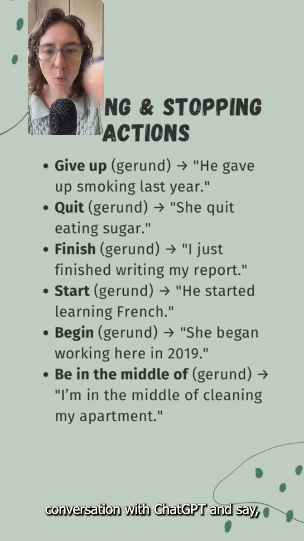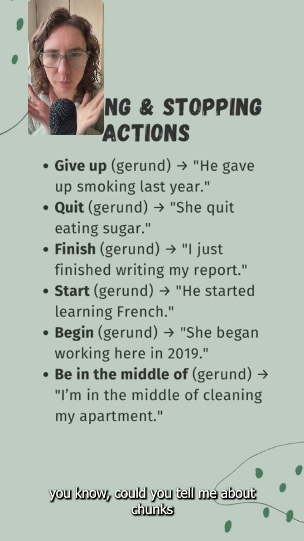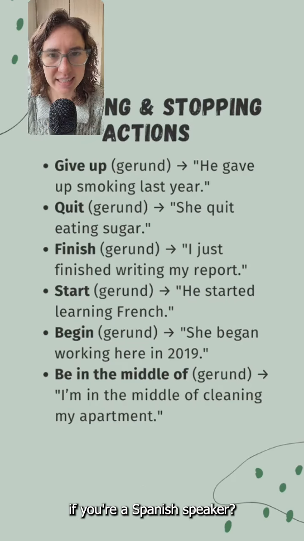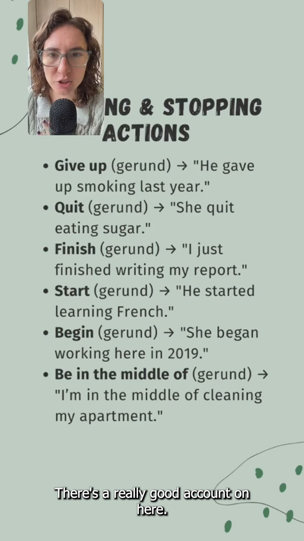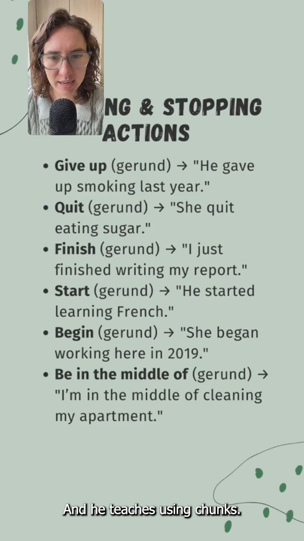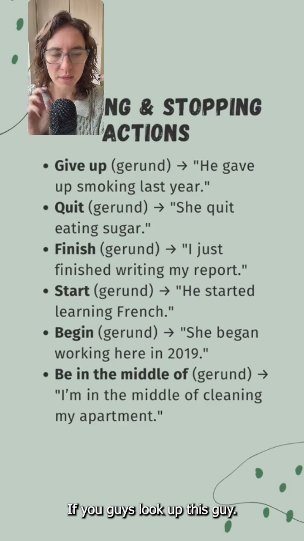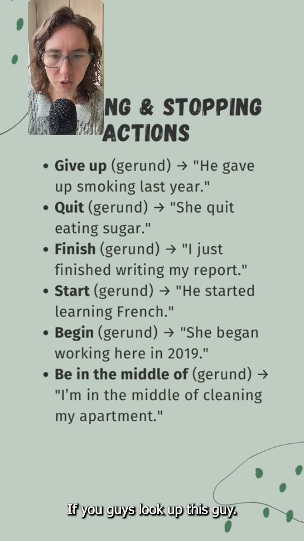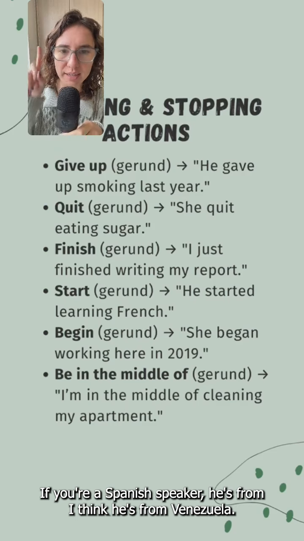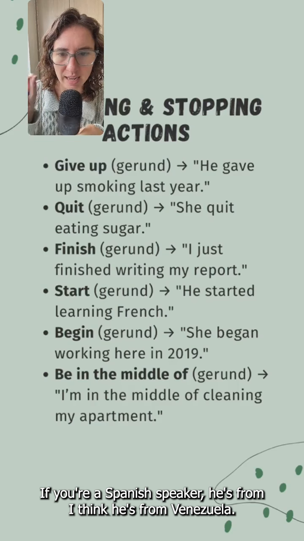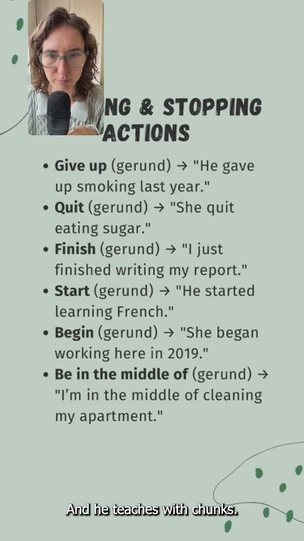So, one context where we use a lot of gerunds after phrases is when we're talking about starting and stopping actions. And you can remember that with gerunds, we use gerunds after phrasal verbs. We use an ing after phrasal verbs.